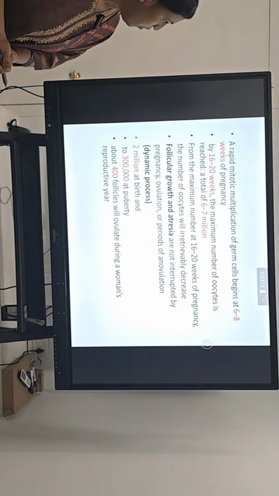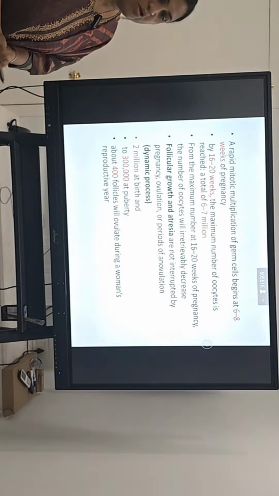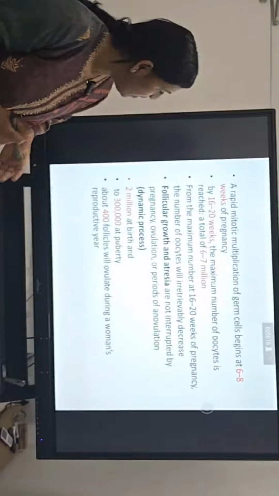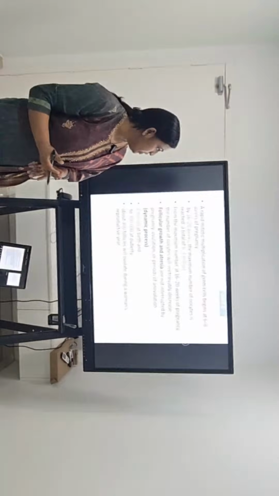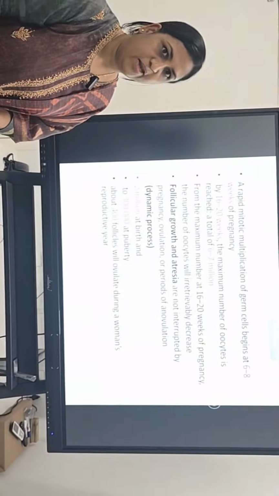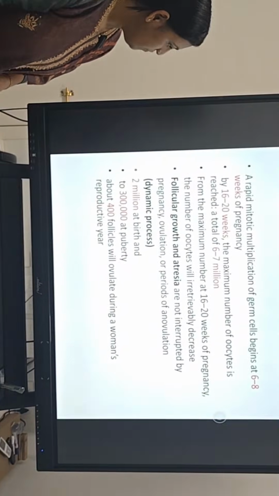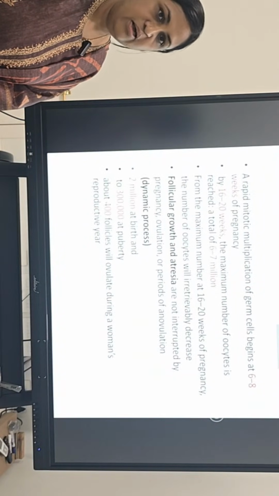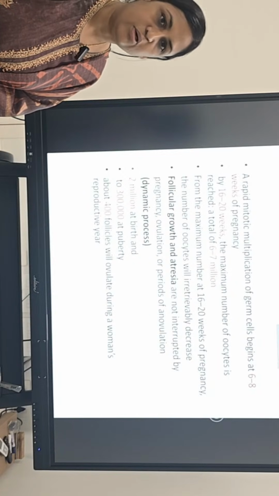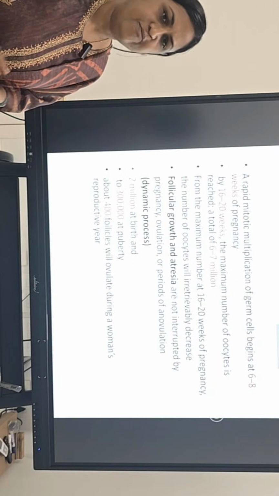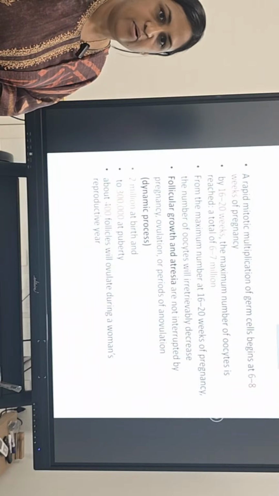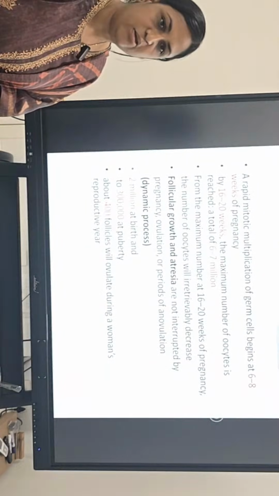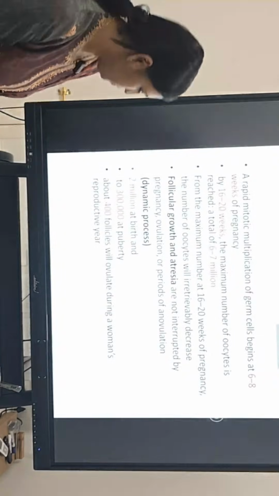This process of follicular growth and atresia is dynamic, and it is not interrupted by pregnancy, ovulation, or any period of anovulation. The number of oocytes at birth is around 2 million, which decreases to around 3 lakhs at puberty, and finally only about 400 follicles will ovulate during a woman's entire reproductive lifespan.